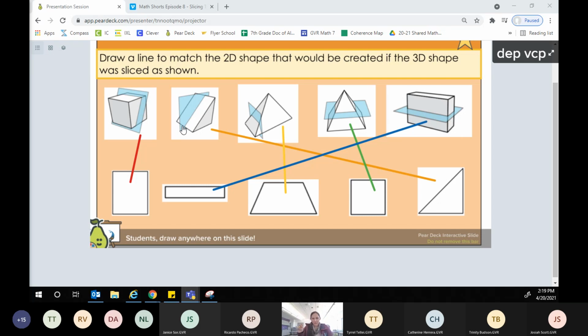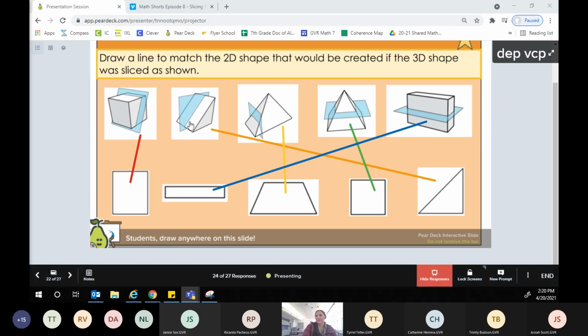But remember, earlier in class, Delia said that you'll always match the base if you have a horizontal cross section. Now I know this one is going up and down, but this shape is on its side. So the base is here. So because this matches the base, that's why we get a triangle.